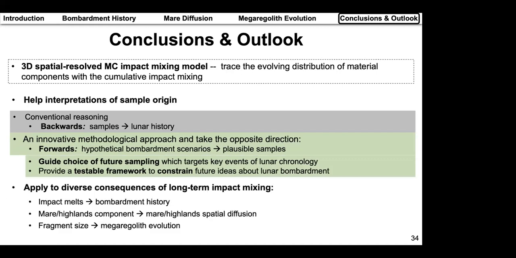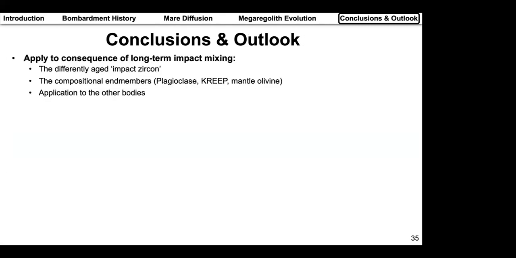So today I only showed you these three components that we are interested in, and how we can learn from the evolutions of these different components. And of course, there are a lot of things we can simulate caused by this cumulative impact mixing, like impact lock-on and lunar crustal end members, plagioclase, mantle materials, and this model can even be applied to other bodies like Mars.